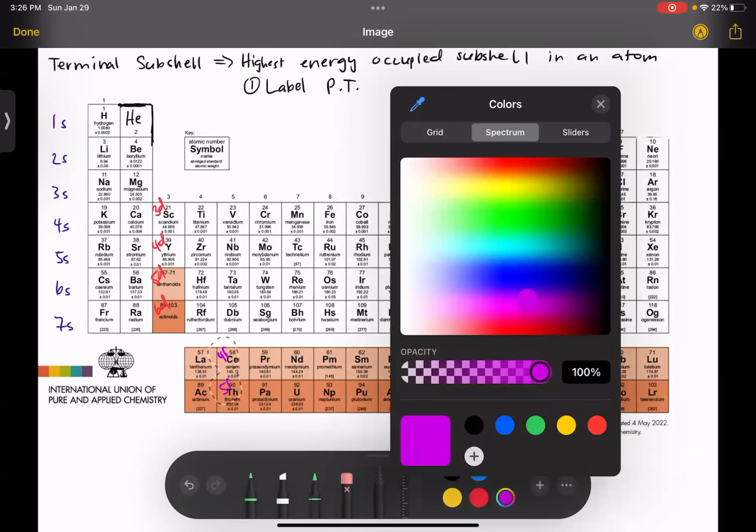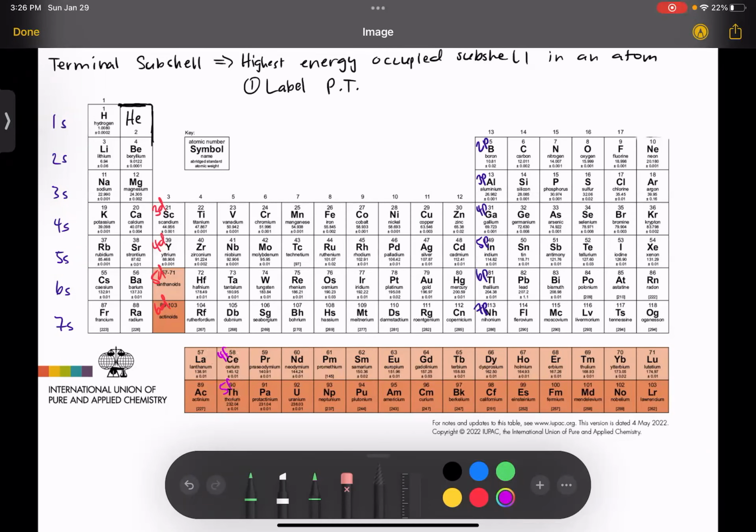There we go. Why didn't I start with lanthanum and actinium? If I take lanthanum, lanthanum is actually right here, and actinium is actually right here. They have a terminal subshell that is of the D type, and so they are often included here in this inner transition block.